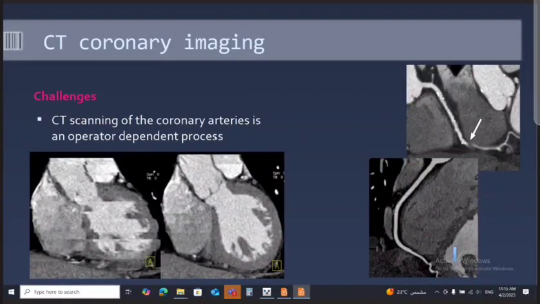CT scanning of the coronary arteries is an operator-dependent process. In order to have a good quality report, we have to have first a good quality examination, and so we have to concentrate on the patient selection and preparation, and to delineate the requirements for coronary angiography from the scanner and from the operator.